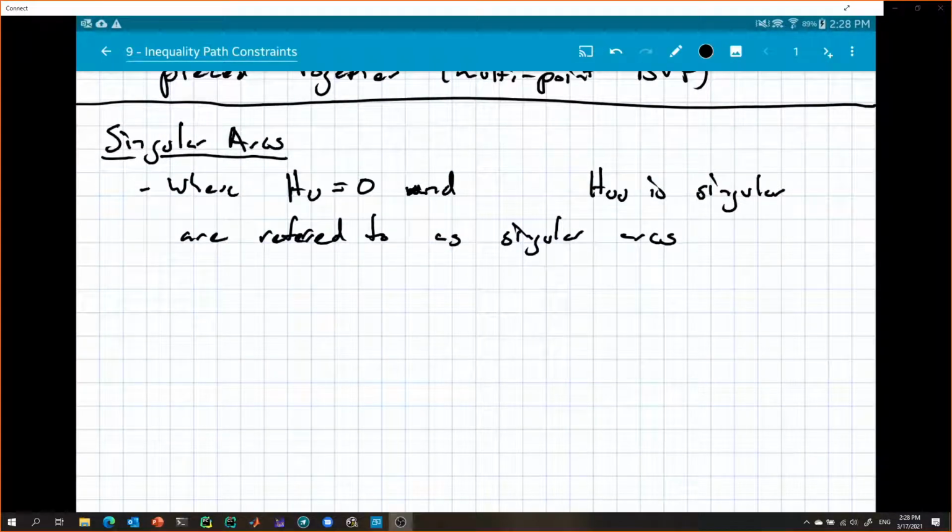So given our normal necessary conditions, we don't have enough information to solve the problem.